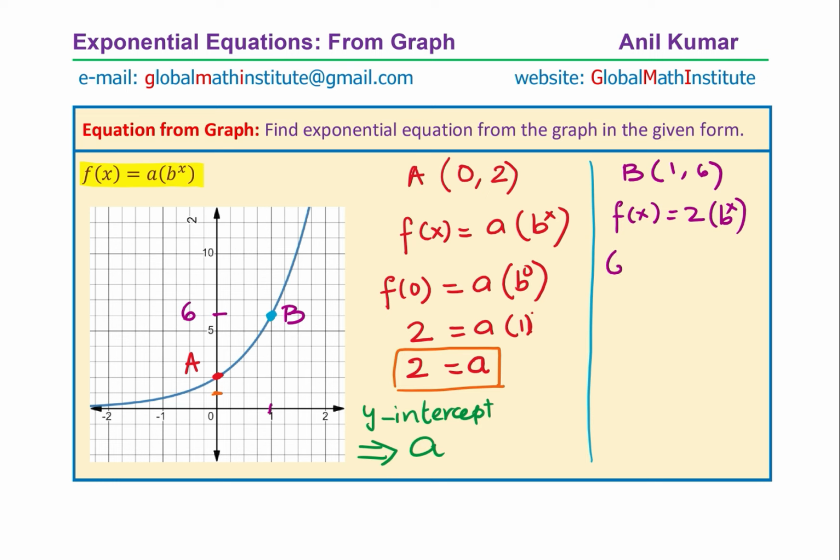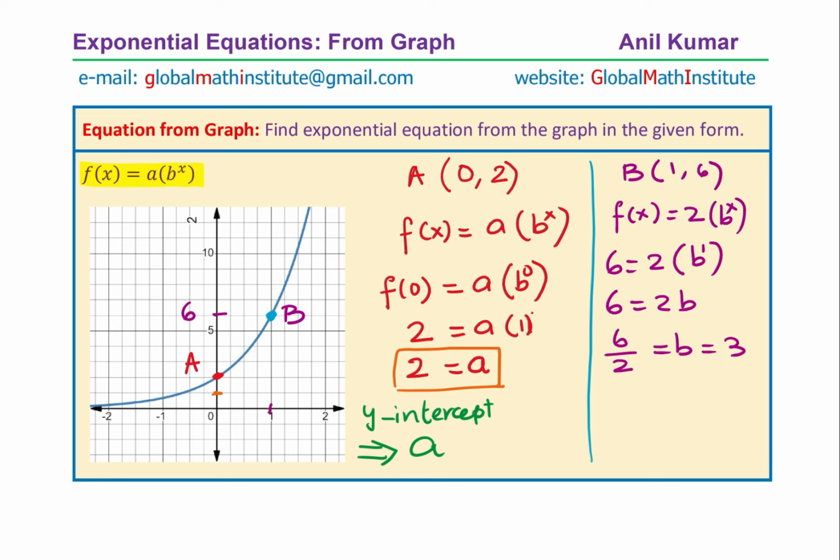Substituting the values, we get 6 equals 2 times b to the power of 1. Anything to the power of 1 will be the same thing. So 6 equals 2b, and dividing by 2, we get the value of b, which is equal to 3. So we get the b value from x equals 1. You get the idea. So in exponential functions, these two are very, very critical points.